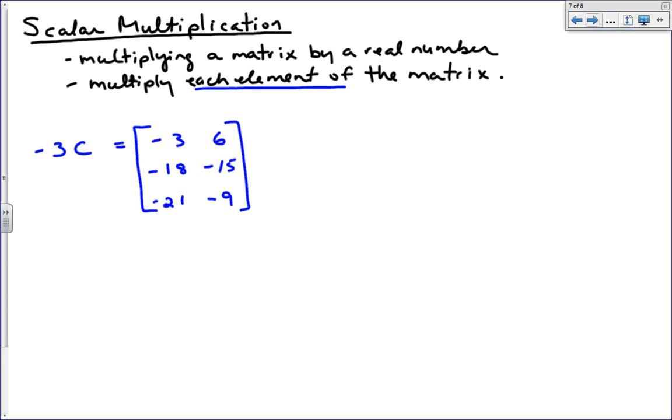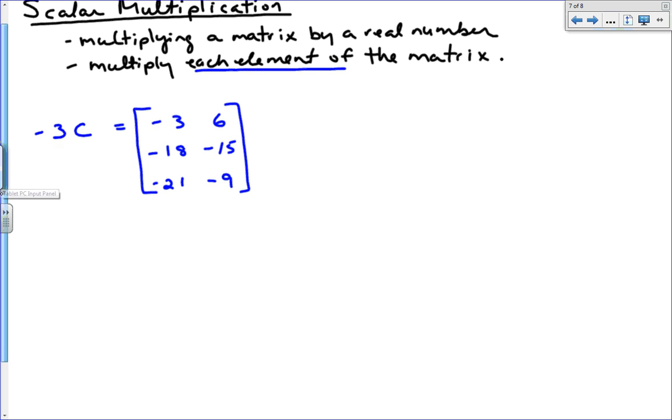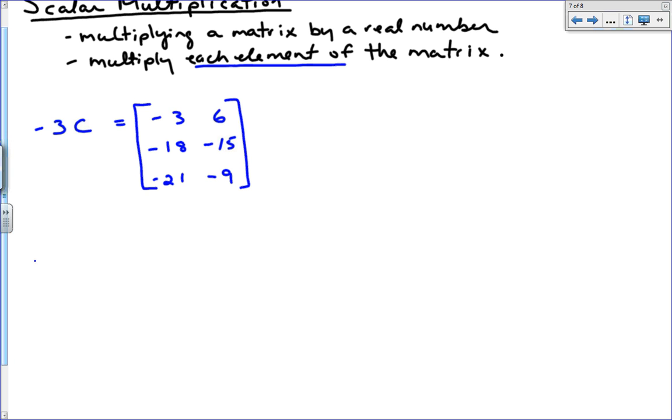So we could also do something that's slightly more complicated and say, well, what's 2A plus 3B equal to? And I forgot to use capitals there. Well, we can multiply matrix A by 2. So we're using the scalar multiplication.